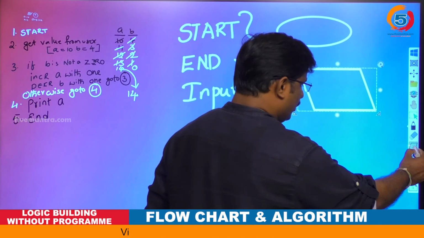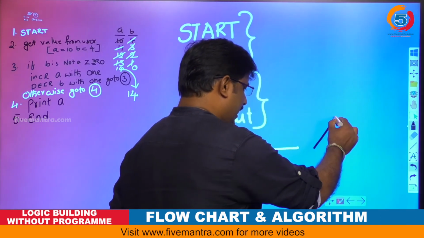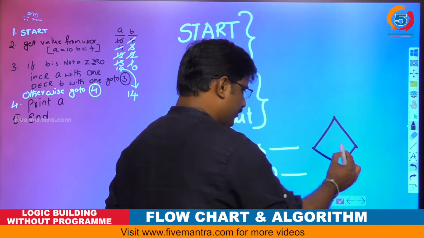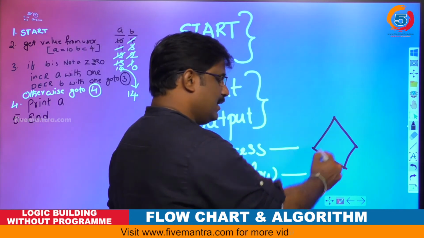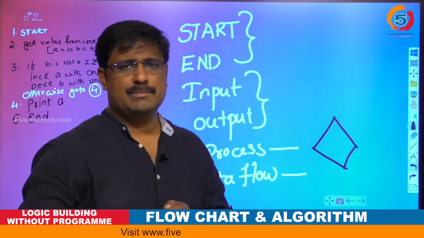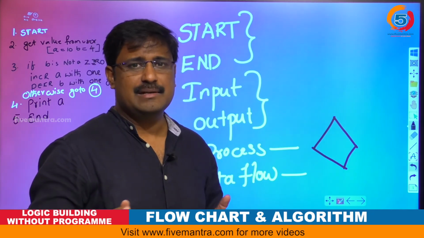When I want to represent the process, the symbol will be like this, the diamond shape. Here the control is given to the computer, which will process that and take the decision.